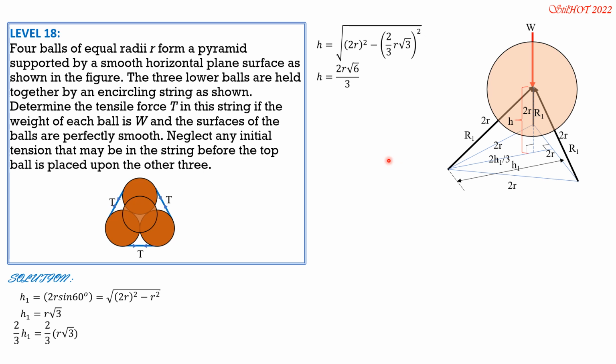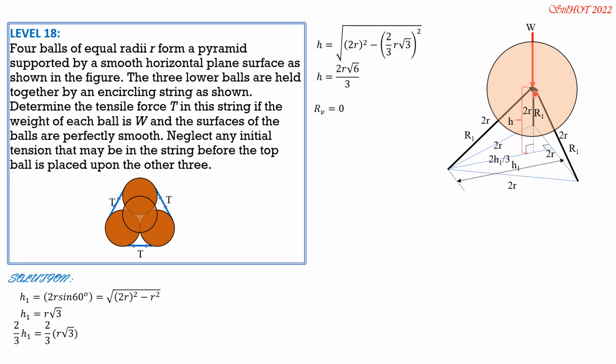Then the sum of vertical forces equals 0. These three reactions are denoted R1. They have equal magnitude and equal vertical component, which is R1 times h over the hypotenuse, which is 2r.